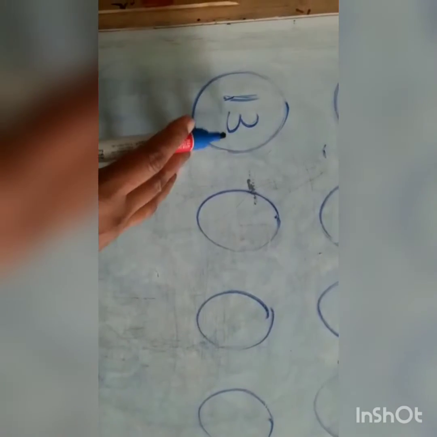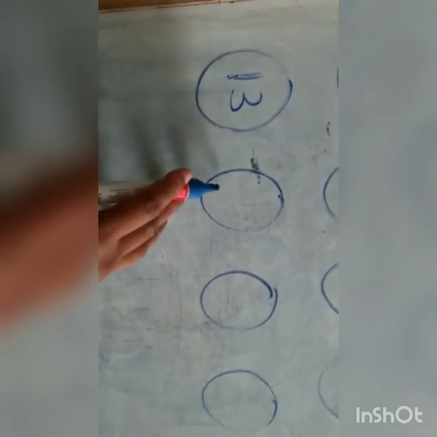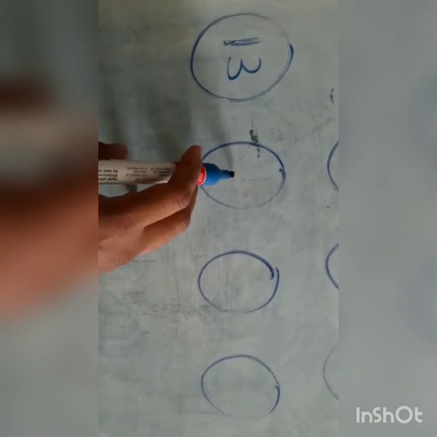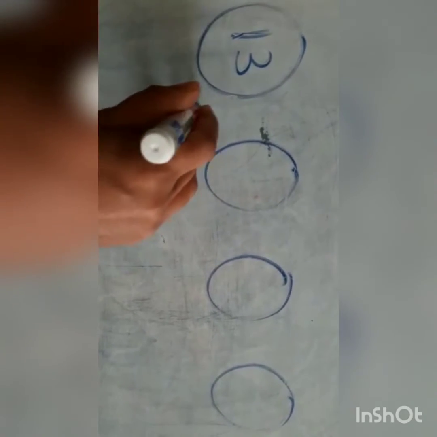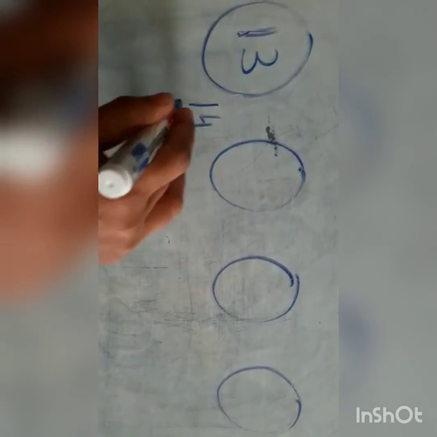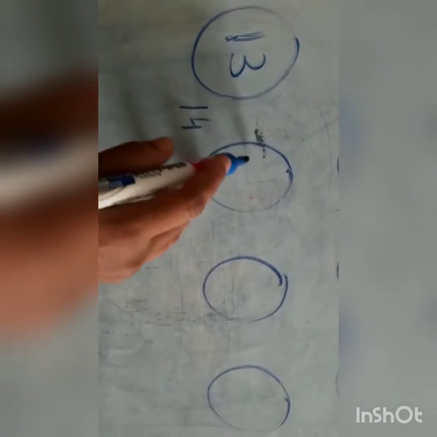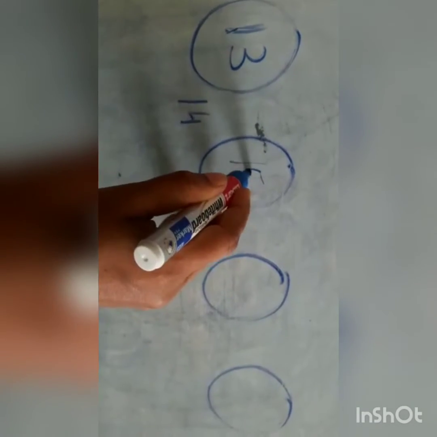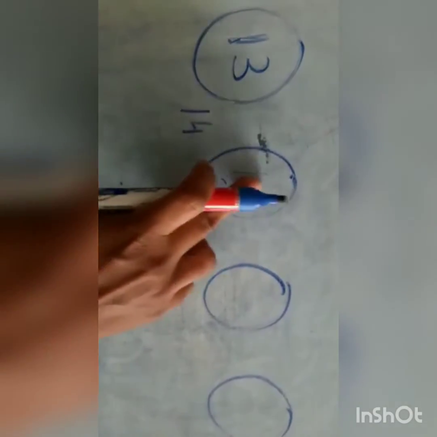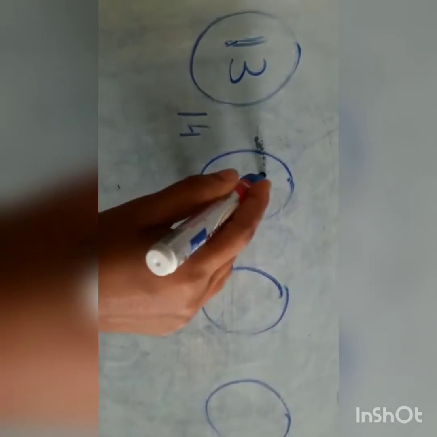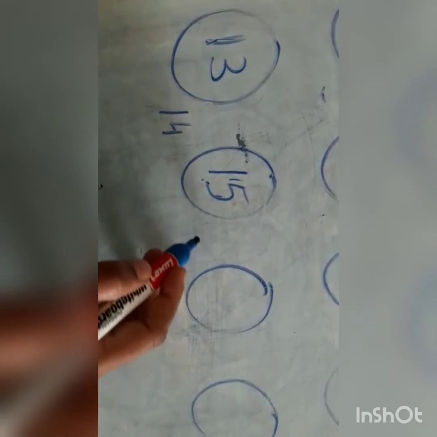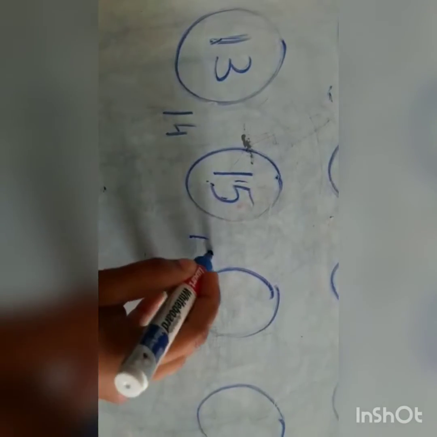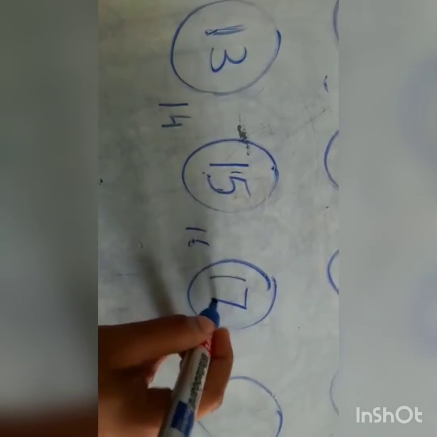This is 13. So skip the number by 2. After 13 which number is coming? 14, which we will not write here. We will just keep in mind that 14 is here. Then what will come next? 15. After 15, 16 will be here. So 17.